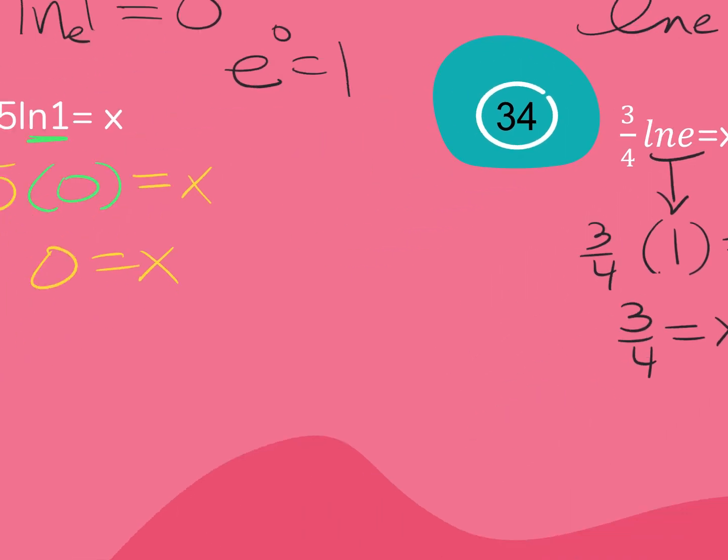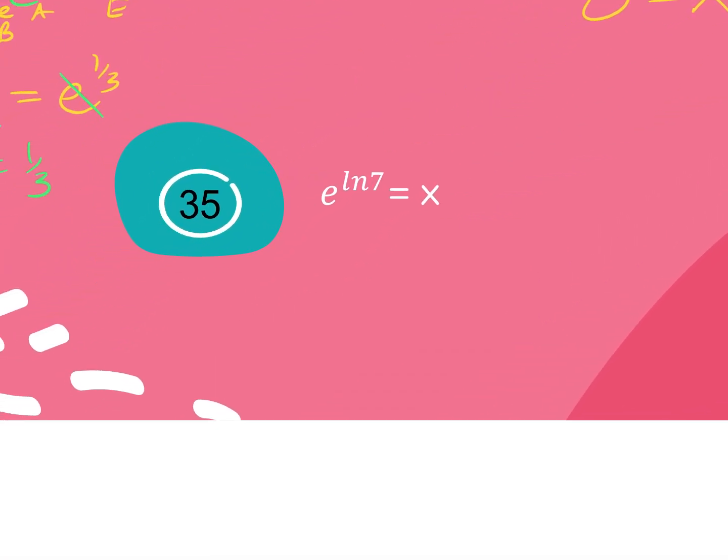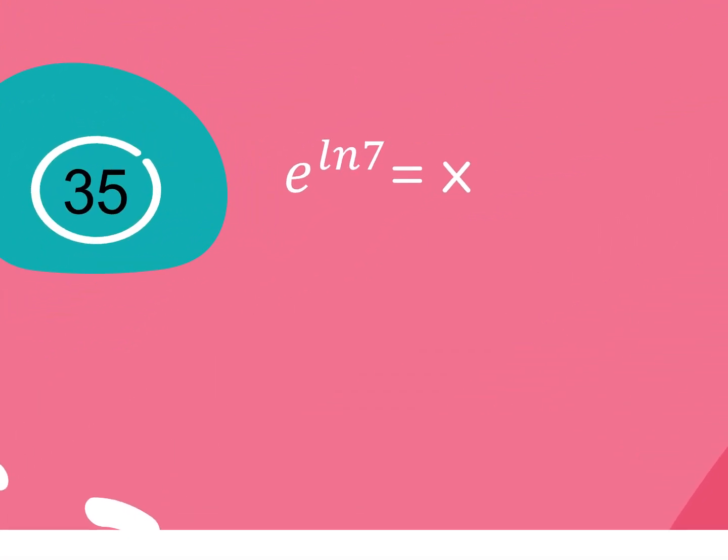The last one. So this one is actually in exponential form. Again, if you realize that this little assumed base here is an e, then this will cancel and become a 1, and then you're left with 7 equals x. Now, you can also transform this to log form. So in exponential form, this is the base, this is the exponent, this is our answer.